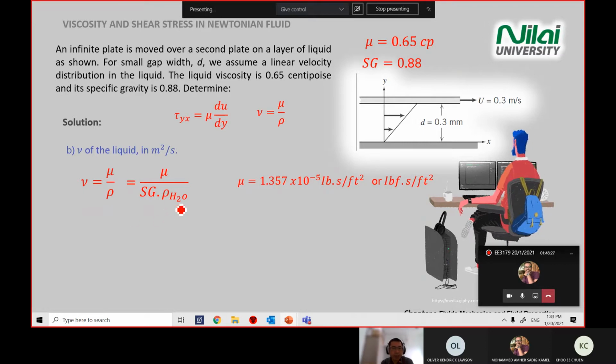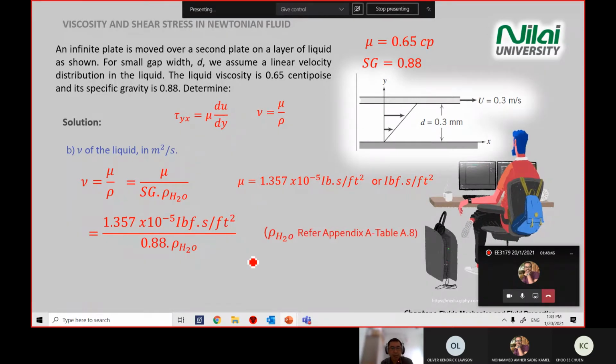So for our water here, we need to find what is the density of water in the same dimension also.